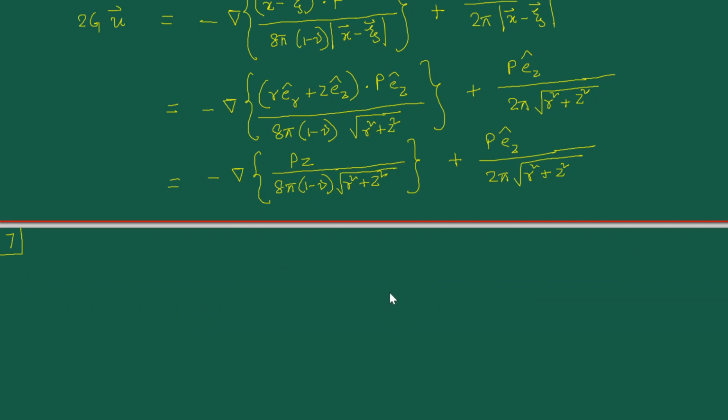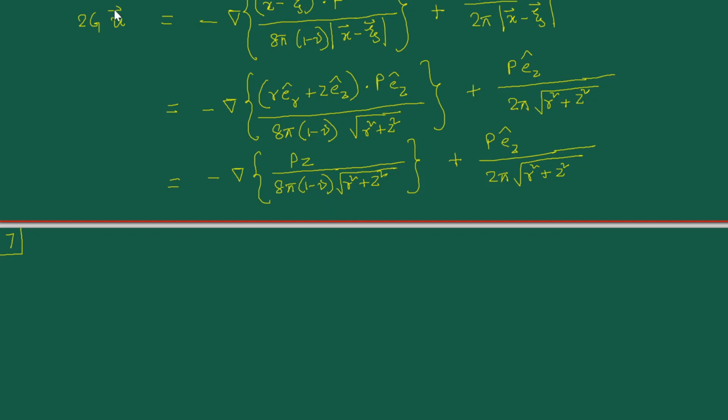Now you see what is happening here. For clearer understanding of what is going on, and perhaps to simplify these expressions also, we can decompose, or consider the different components which are present here: the component along the r direction and the component along the z direction separately.